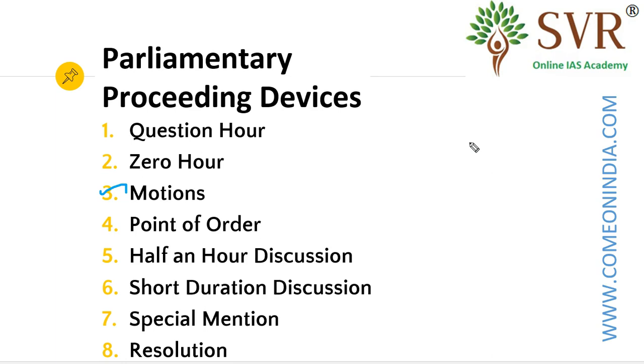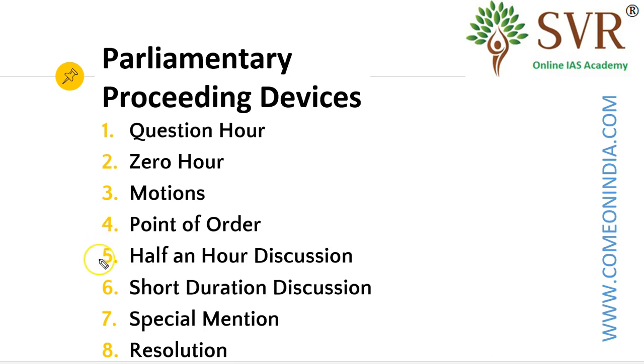And we have seen the no day yet named motion, after which we have seen point of order. The point of order deals with any procedure of the House which is not following the normal procedure mentioned in the rules of procedure of the House.